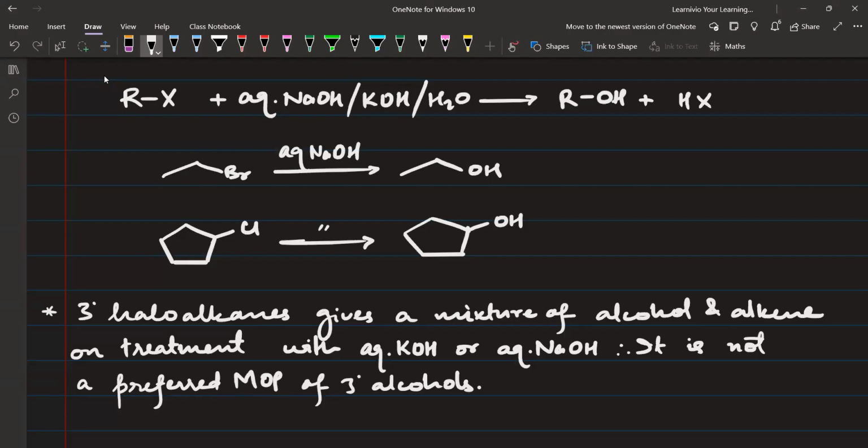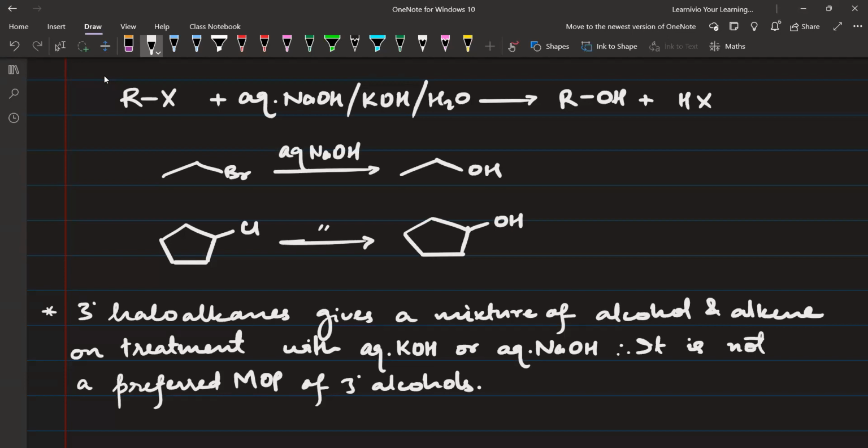And this reaction we have already seen in the haloalkanes chapter, that is why we are not going into much detail. Then we have the last method of preparation, that is from primary amines. Although this is not present in the NCERT alcohol chapter, it is present in the amines chapter.